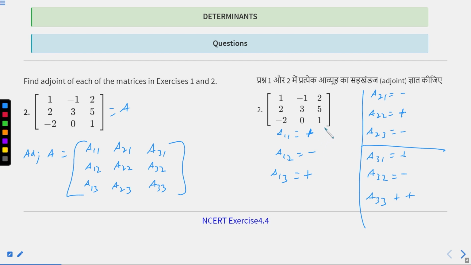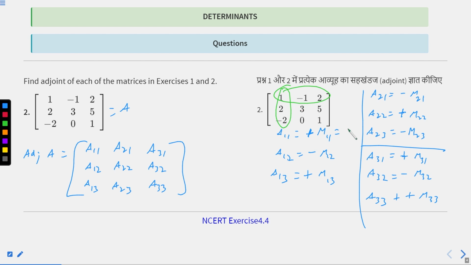Clear? Now this will be M11, minus M12, M13, minus M21, M22, minus M23, M31, minus M32, M33. Now how do you find the minors? Quite simple: just eliminate the first row and first column, then evaluate the determinant of the remaining matrix.